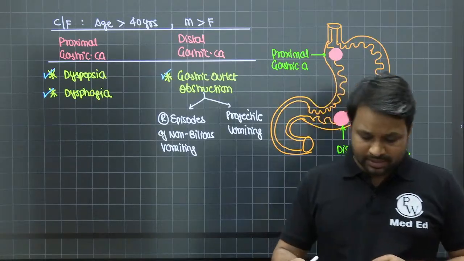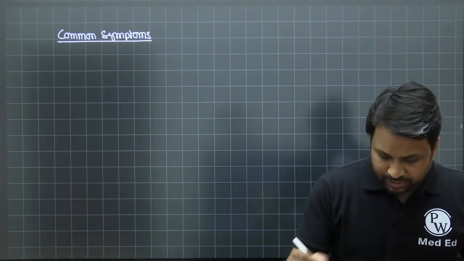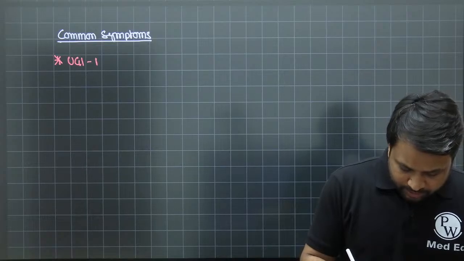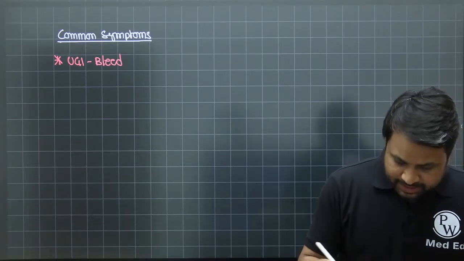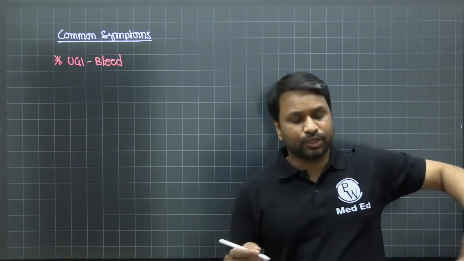What are the common symptoms that you can have? Because it's a malignant tumor, it will be vascular, and all vascular tumors tend to bleed more. So they will present with upper GI bleed. We have already discussed that whenever there's an upper GI bleed, the blood comes out from the mouth as well as goes into the stools.